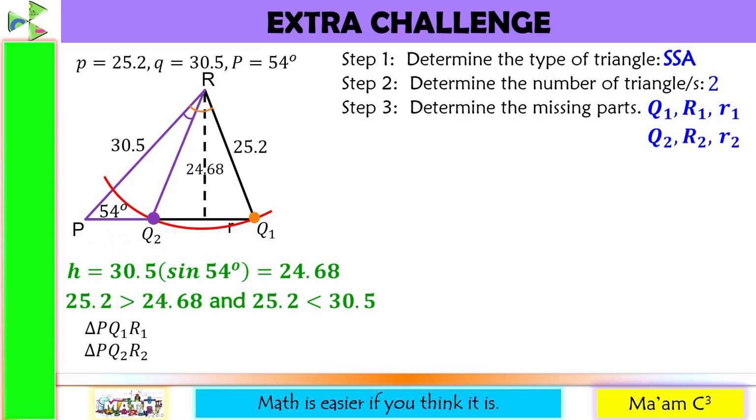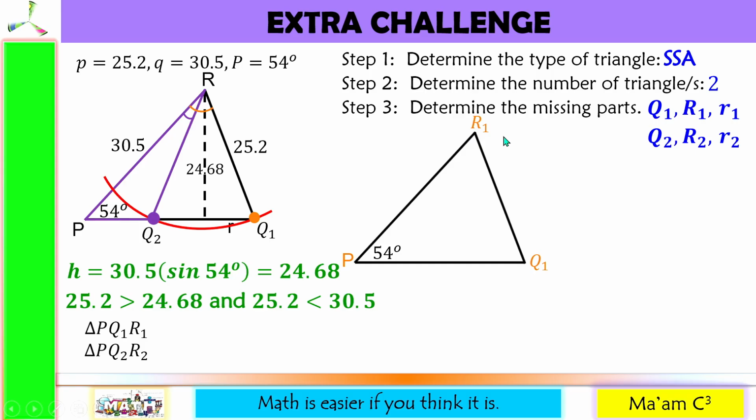Let us start first with triangle 1, triangle P, Q sub 1, R sub 1. Let us isolate that triangle and copy the given parts. This is angle P, 54 degrees. This one is Q sub 1. This one is R sub 1. The side opposite 54 degrees is 25.2. And the side opposite Q sub 1 is 30.5.